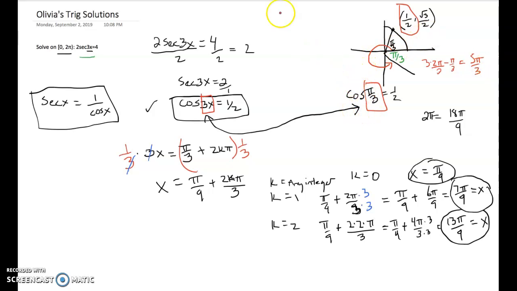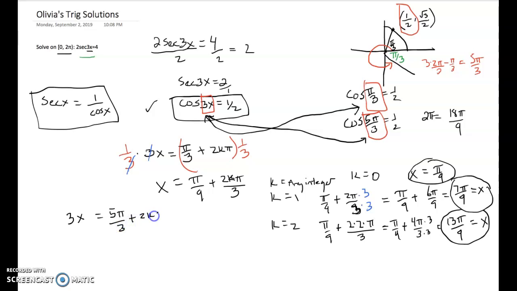So I'm going to go back to this statement here, and what this says is that also cosine of 5 pi over 3 also equals 1/2. And just like before, this has to match up with this, and so therefore they're equal to each other. So this yields the equation that 3x equals, now instead of pi over 3, I'll use 5 pi over 3 plus 2k pi.